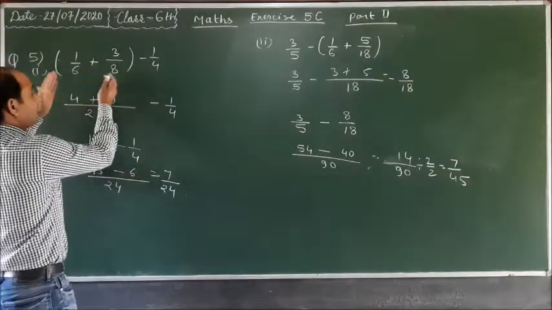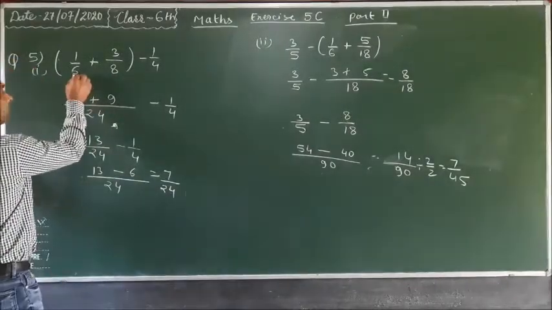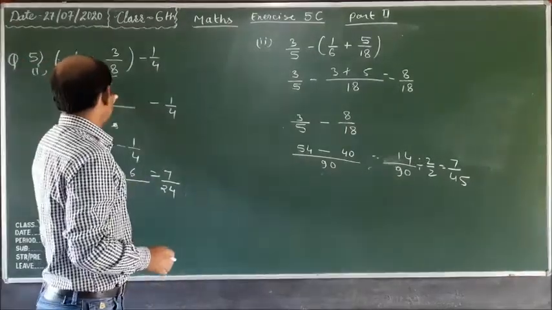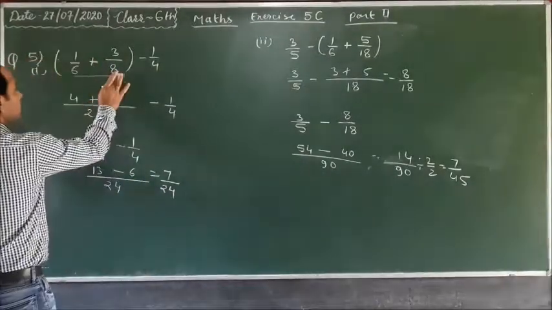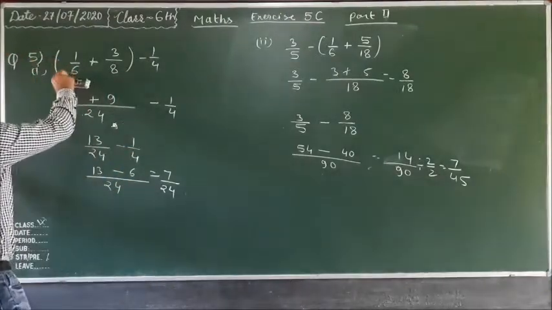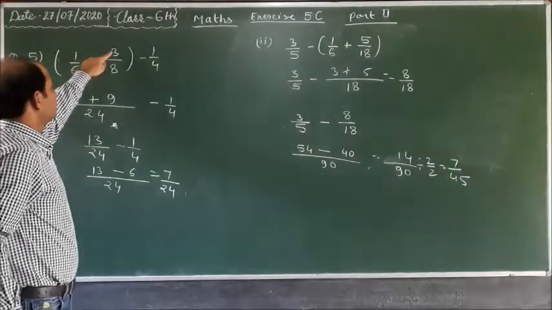How do we remove this bracket? When we solve this, the bracket is removed. So dear children, 1 upon 6 plus 3 upon 8.